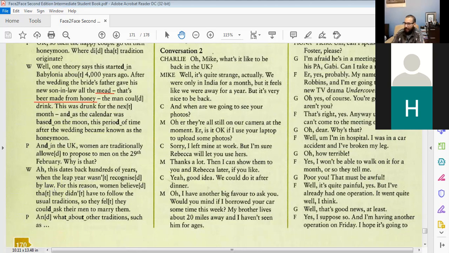So this way, women felt that because this date wasn't official, maybe they can break the tradition. This is the idea. So it's kind of interesting. Anyways, this was the story of wedding traditions around the world. So we can go back and take a look at our next exercise.